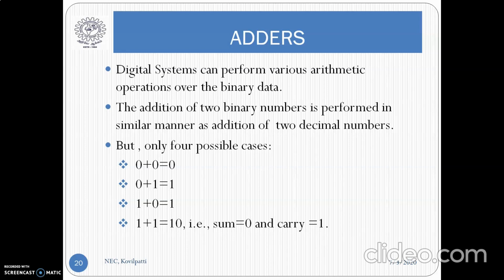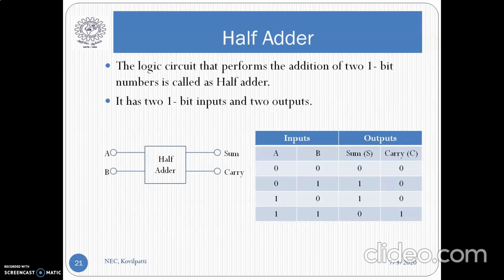So 1 is the biggest number in this number system. If we add 1 with 1, it will produce a value of 10, right? And from 10, if we add 1, the result will be 11, right? That is the process carried out for addition in our binary number system.